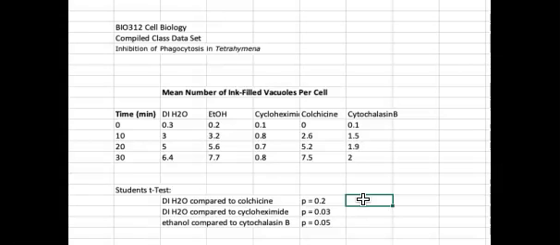All right, so let's first convert these p-values to percentages. 0.2 is the same as 20%. 0.03 is the same as 3%, and 0.05 is the same as 5%.